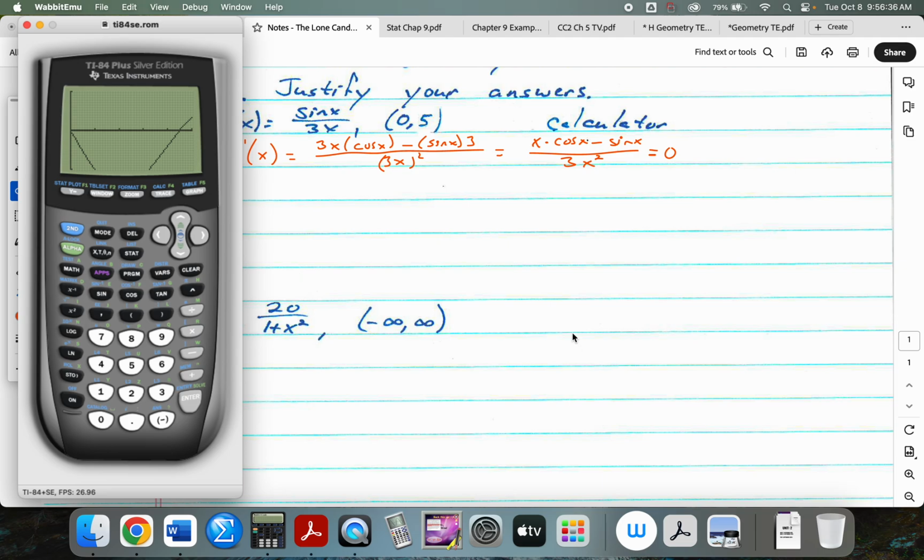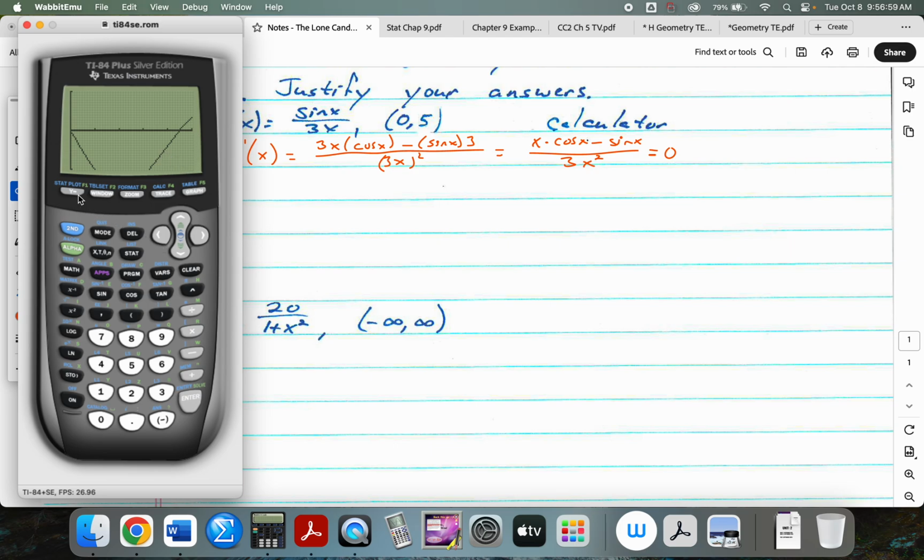Okay. So we know a couple of things. Since f prime went from negative to positive at whatever this x value is, we know we're going to have a local minimum on the graph of f.